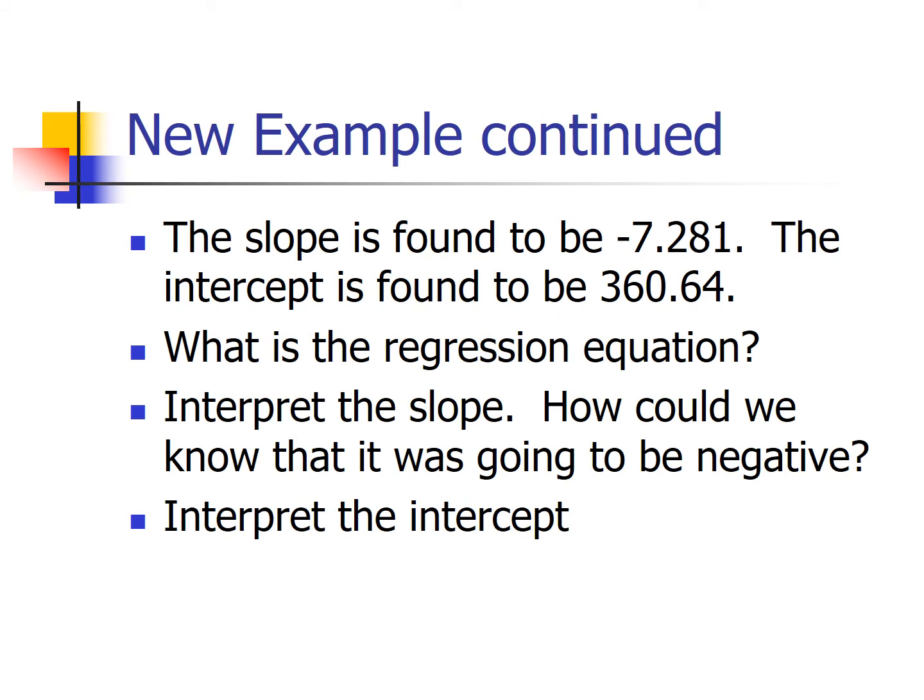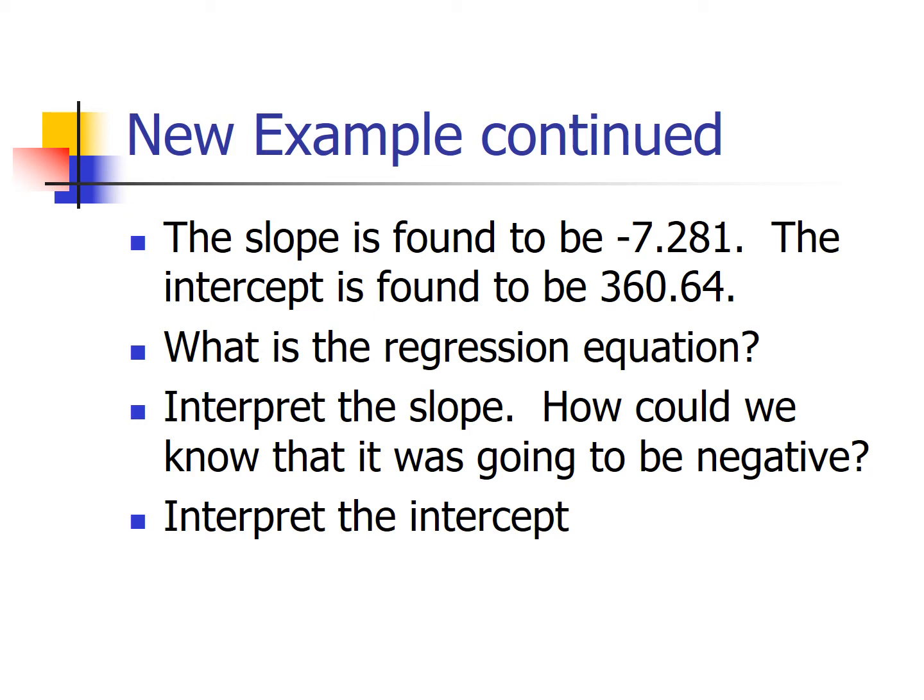Say that we calculate, using the formulas in our textbook, the slope of this line, and we find that it's negative 7.281. We also find the intercept is 360.64. There are a few questions I could ask, and we'll take a look at each of these in the following slides. What's the regression equation?